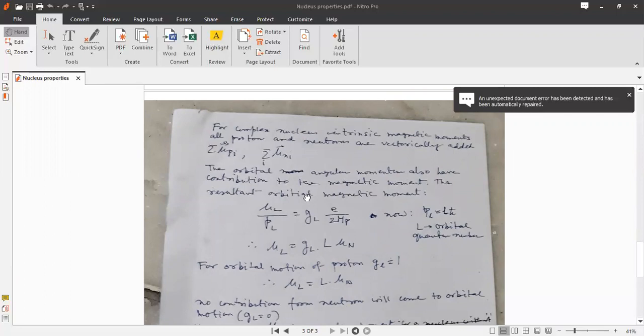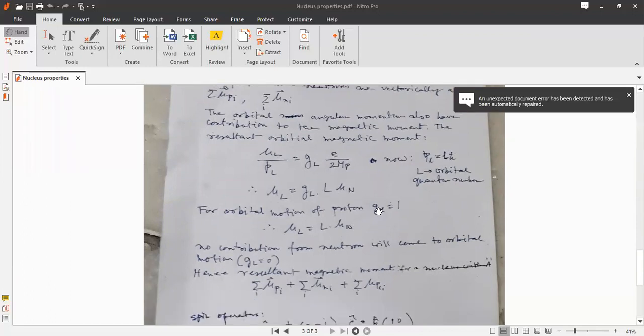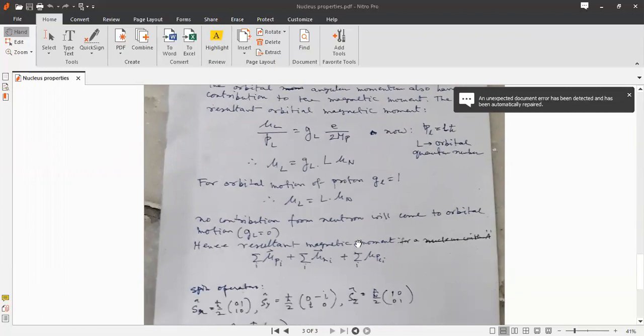The resultant orbital magnetic moment for the proton can be written in a similar way, where L ħ is the orbital angular momentum, and μ_N is the nuclear magneton. For the orbital motion of the proton, g_L is found to be 1. So μ_L will be L times μ_N. The contribution from the neutron for orbital motion will be equal to 0. It is a neutral particle.